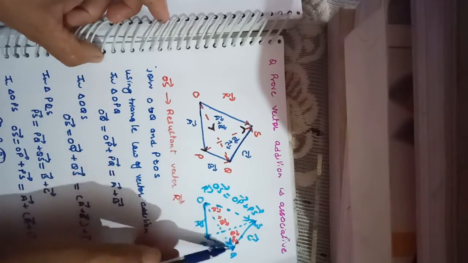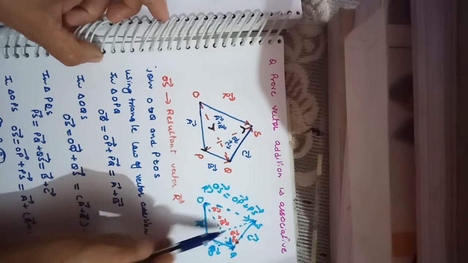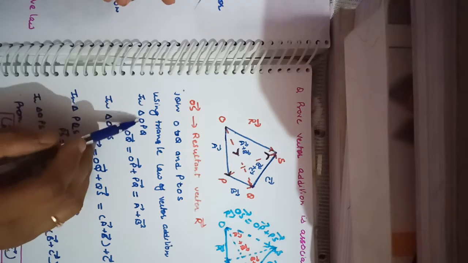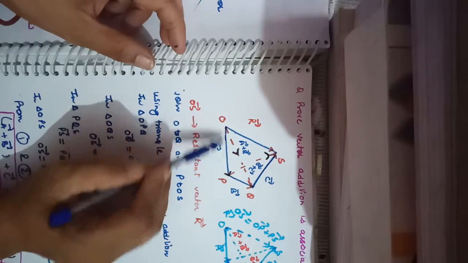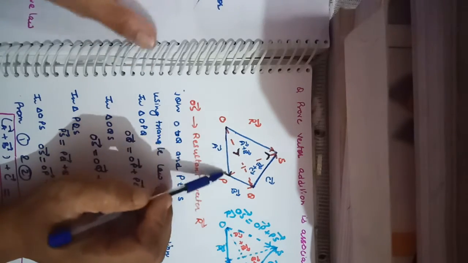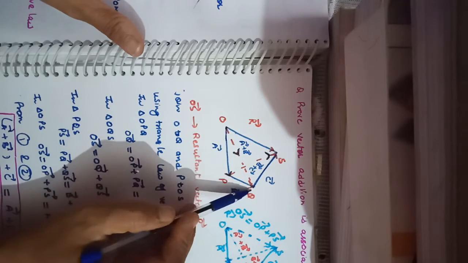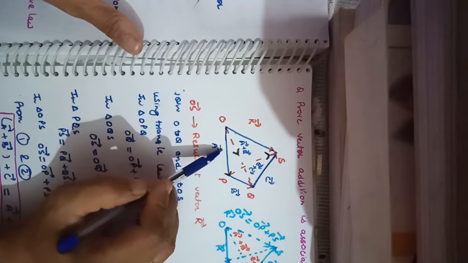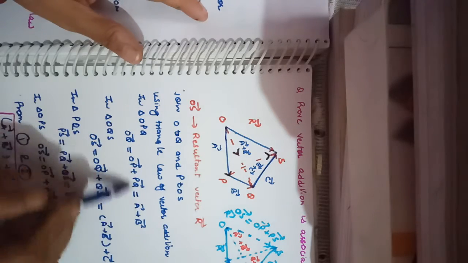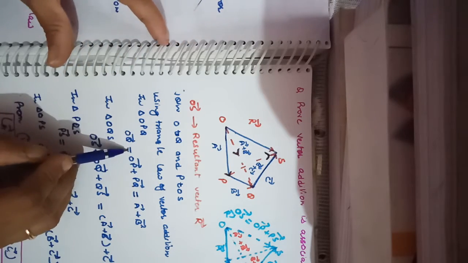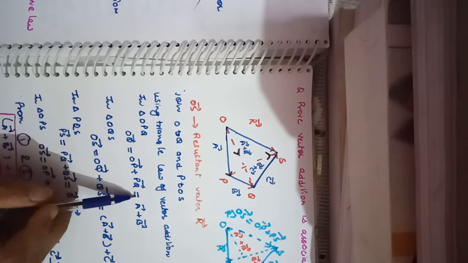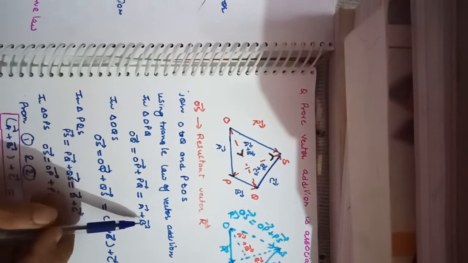Join O to Q and P to S using triangle law of vector addition in triangle OPQ. See, OPQ. This is a triangle in which A vector and B vector. So what is the resultant? OQ vector, which is equal to A vector plus B vector according to triangle law. So OQ is equal to OP vector plus PQ vector is equal to A vector plus B vector.